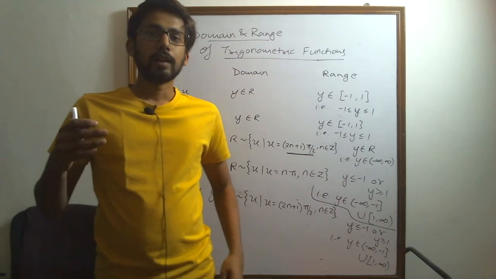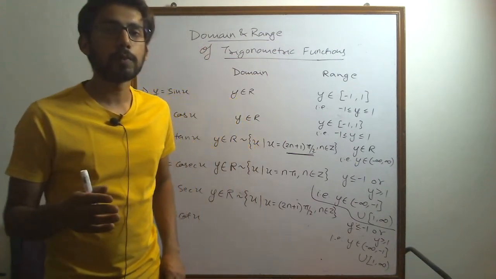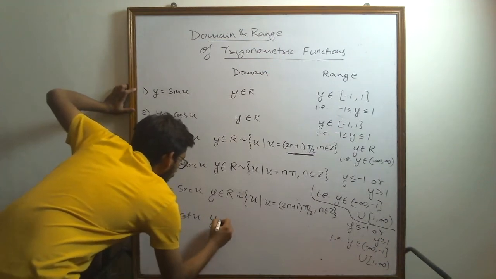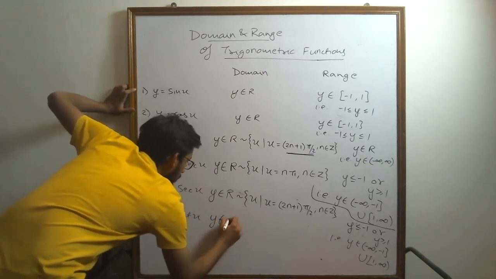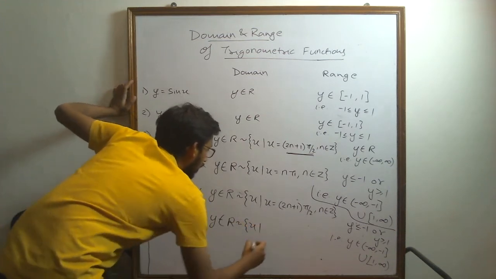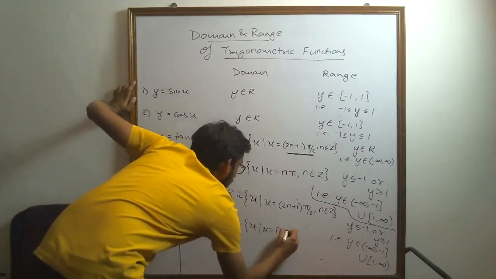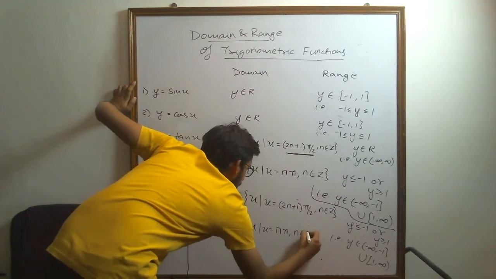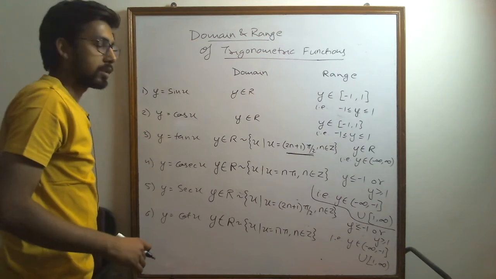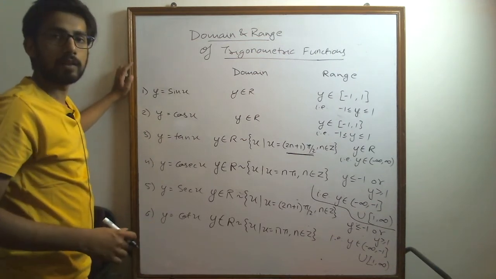So we remove those values for which sin x is 0 to get the domain. That's why y belongs to the set of real numbers excluding x such that x is equal to n pi, where n is an integer. This means we are removing those values from the set of real numbers for which sin x is 0.